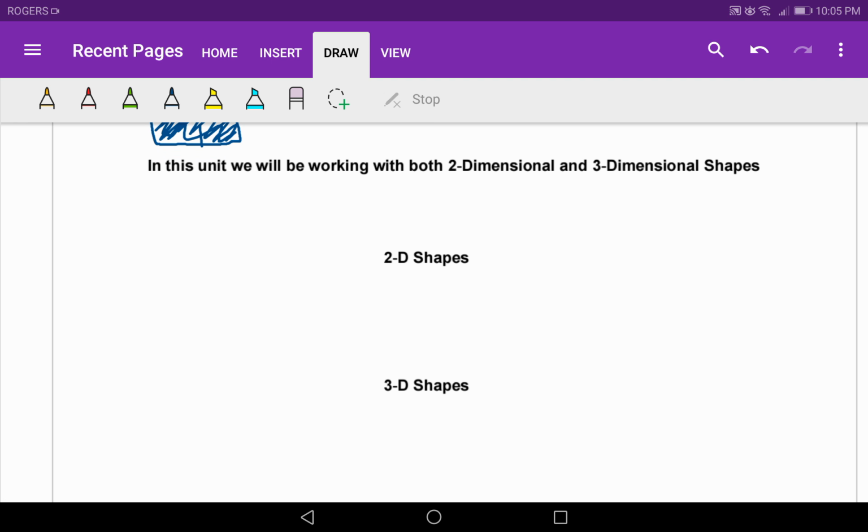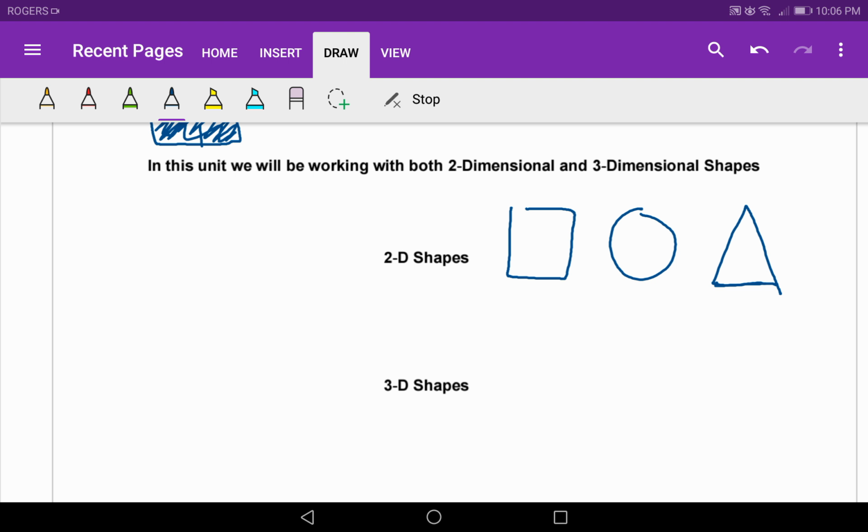And of course, when it comes to 2D shapes, we know that 2D shapes are just shapes that are flat on your paper. They do not have any heights. So any shape that can be drawn flat and looks flat on your paper is known as two-dimensional.